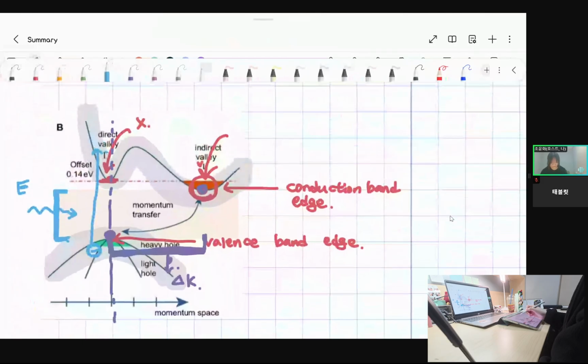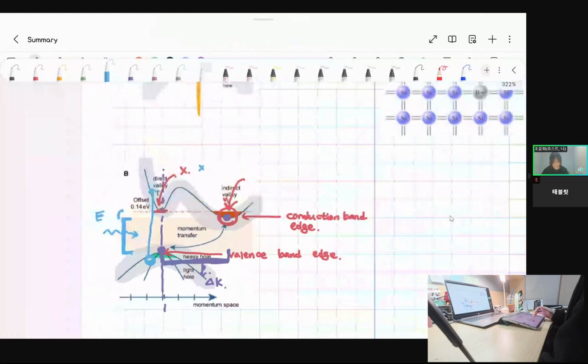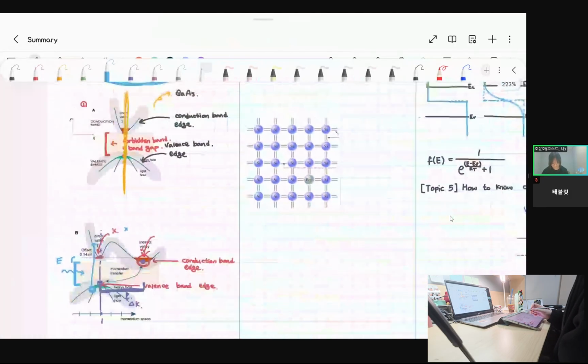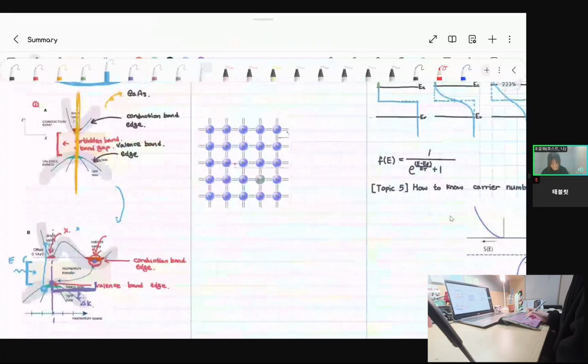It doesn't make excitation. So to move the electron to the conduction band, we have to give more energy than the band gap energy. So that is the difference.